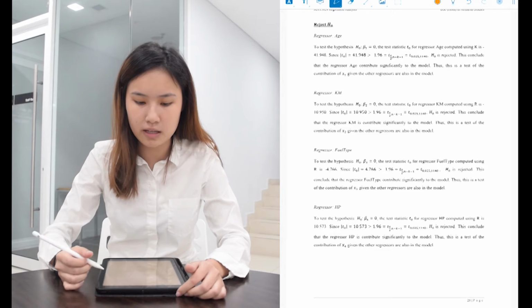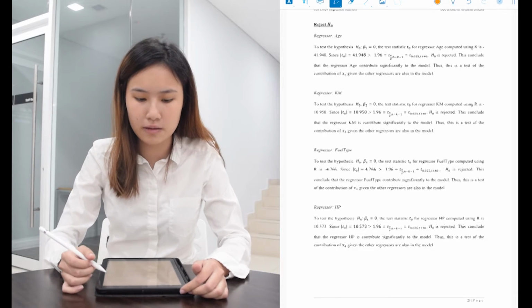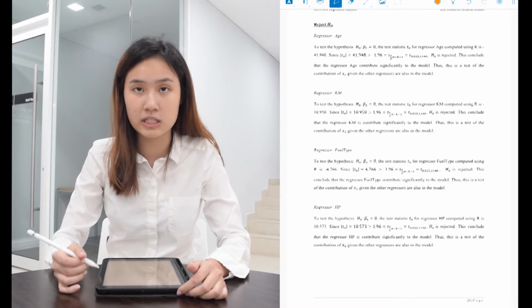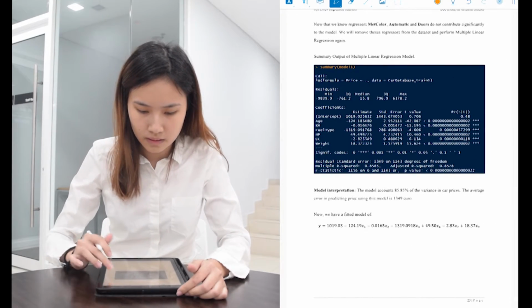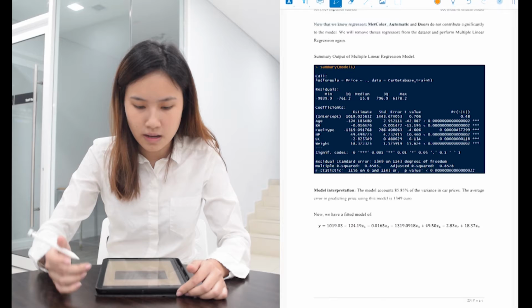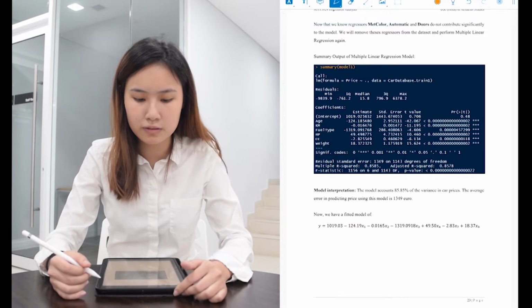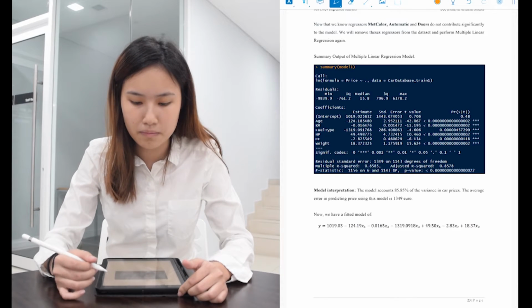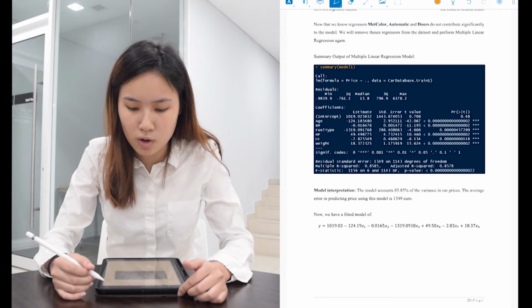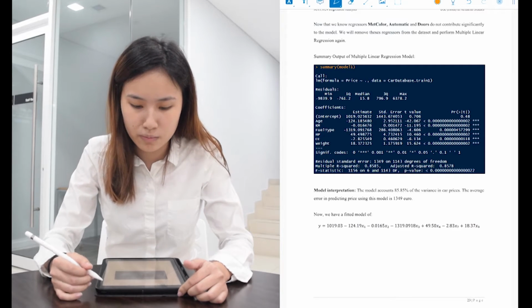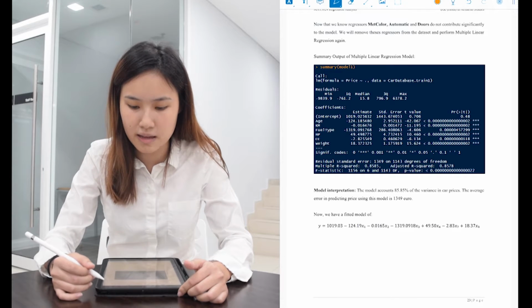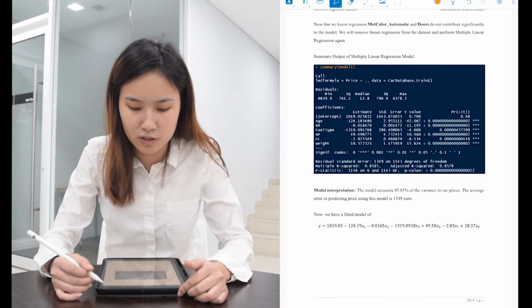This is the process that we determine by using the t-test. Now we know the regressors color, automatic, and doors do not contribute significantly to the model. Then we remove these regressors from the dataset and perform the multiple linear regression again.